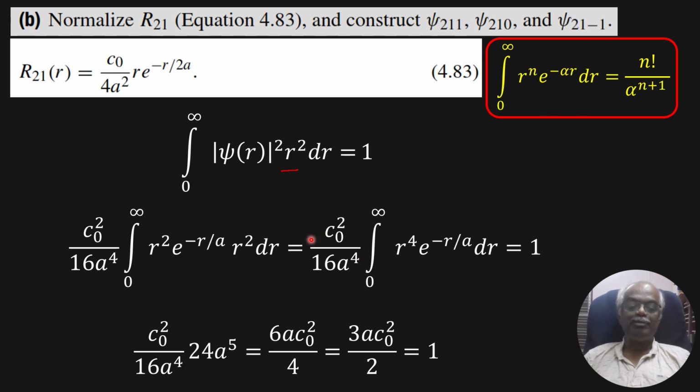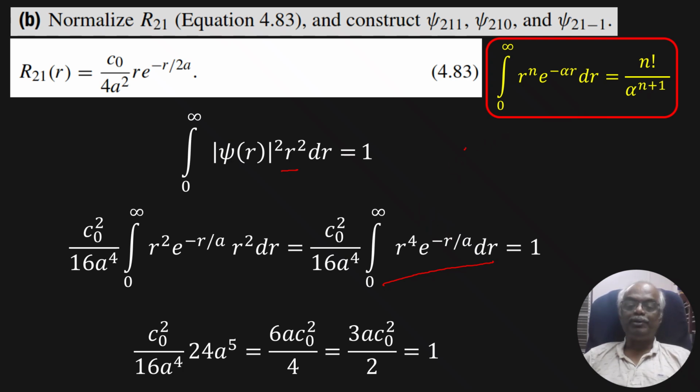Outside, I am keeping it as it is. Inside, r squared into r squared is r power 4, e power minus r over a dr, which must be equal to 1. Now take this integral part alone. This is a gamma integral. If the integral is of the form integral 0 to infinity of r^n e power minus alpha r dr, it is equal to n factorial over alpha power n plus 1.